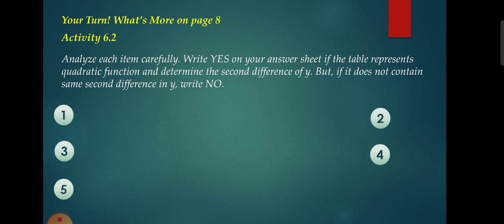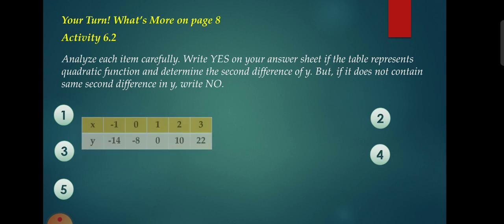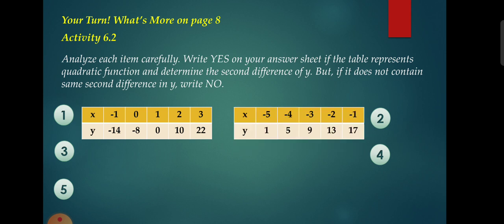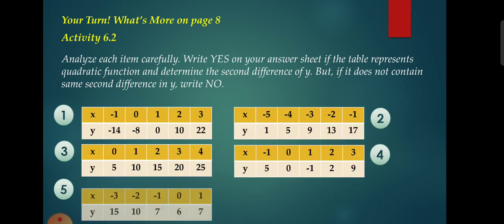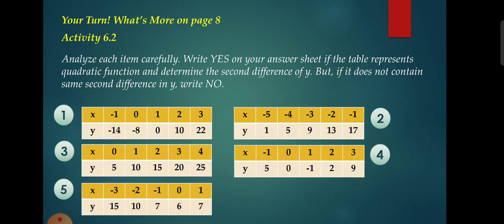But after sa pag-subtract sa first o second difference, if di pa sa pareho o second difference, then you'll write no. So we have there 1, 2, 3, 4, and 5. But you will only answer items 1, 3, and 5. Na ipakita ang solution ha, yung sa pagkuha ang first o second difference, then before ka mo conclude when saying yes or no. So dapat na ay solution.